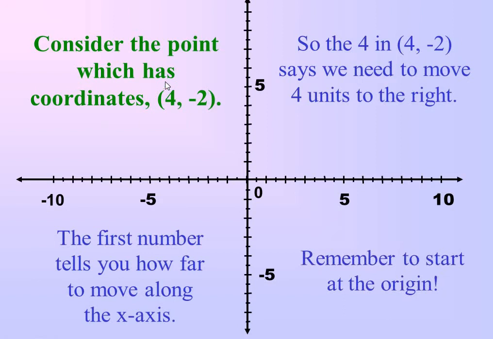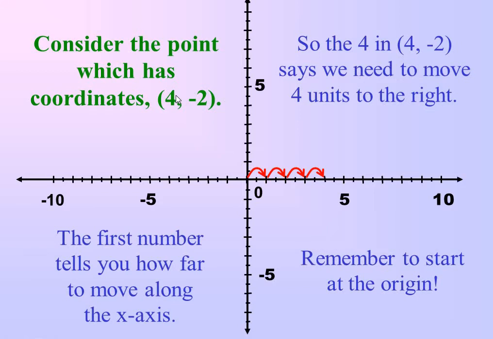Here you can see a point, and we will learn how to represent it on the coordinate plane. It consists of the ordered pair 4 and negative 2. If I want to locate this point, first I have to move according to the x coordinate.